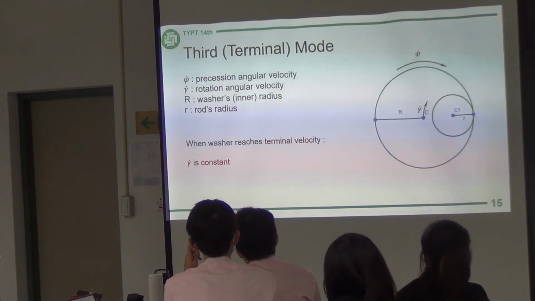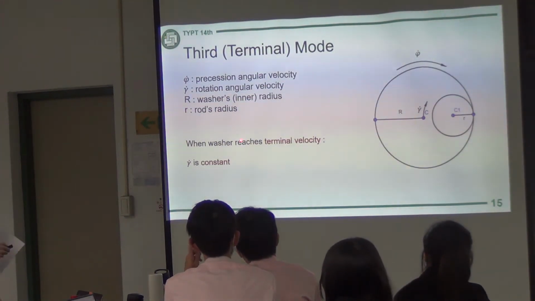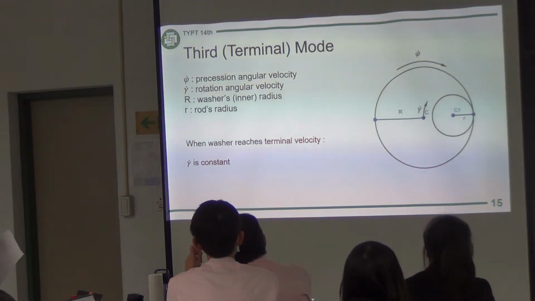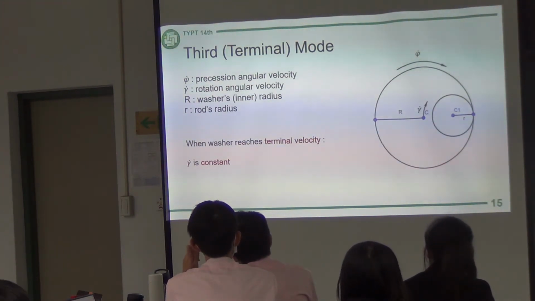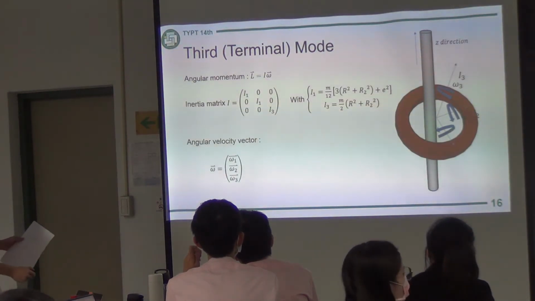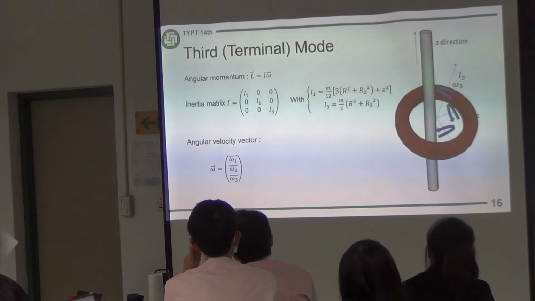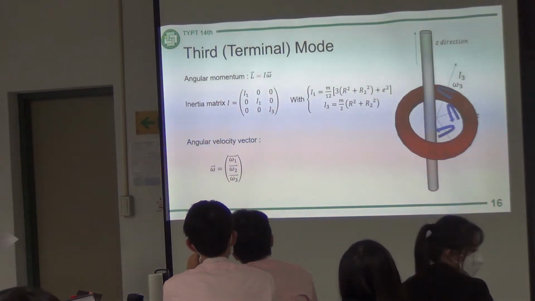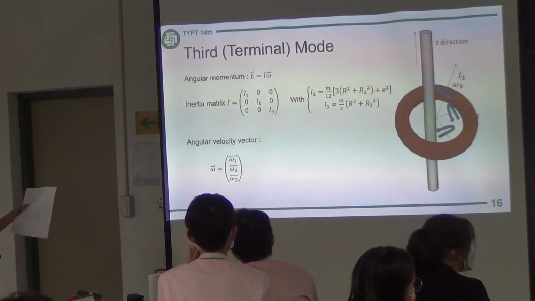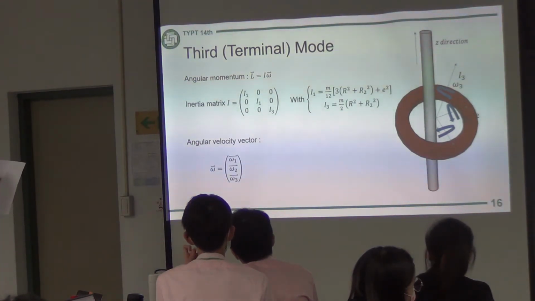So we'll analyze the terminal mode, and there is a definition again. When the washer reaches the terminal velocity, gamma is a constant. So we try to analyze the angular momentum of the washer. We separate it into three axes, which are perpendicular to each other. For the inertia matrix, there are three components.